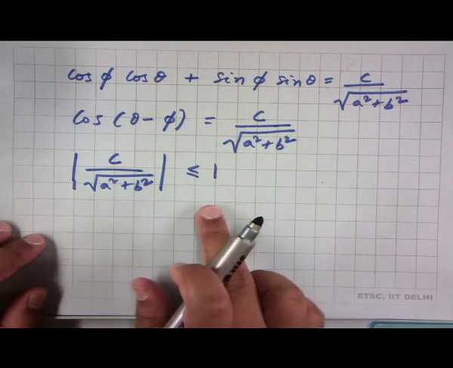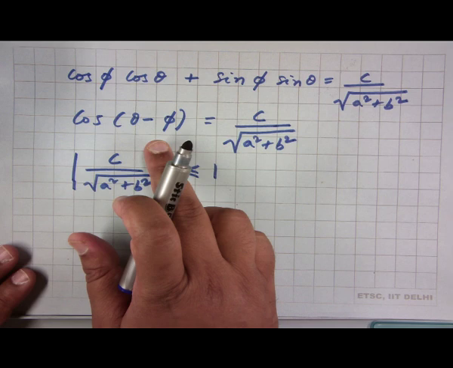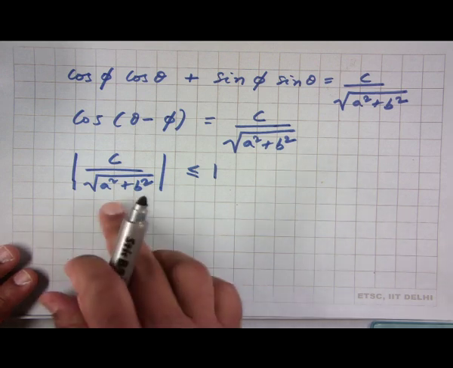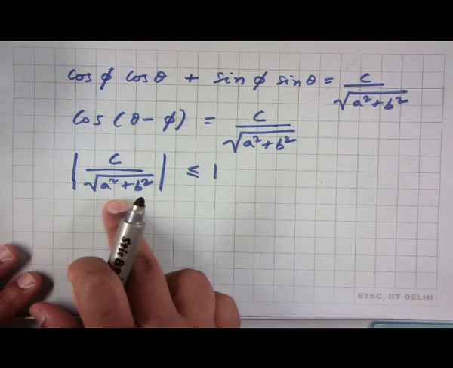So, only if this condition is satisfied are we going to have a solution to this trigonometric equation, otherwise there is no solution to this trigonometric equation. Now, let us assume that this condition is satisfied.